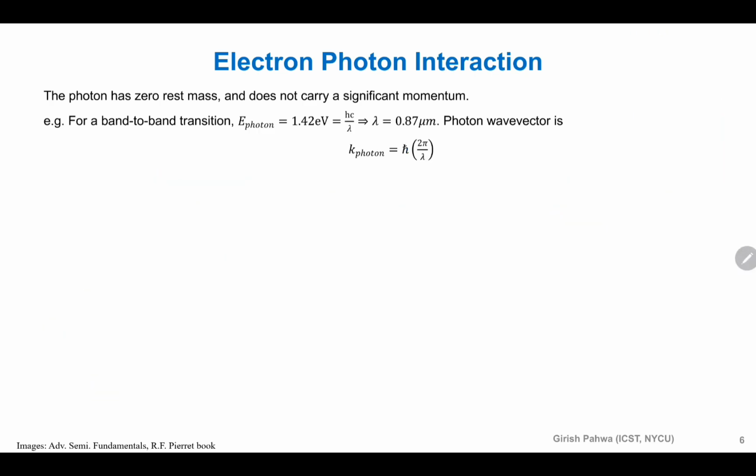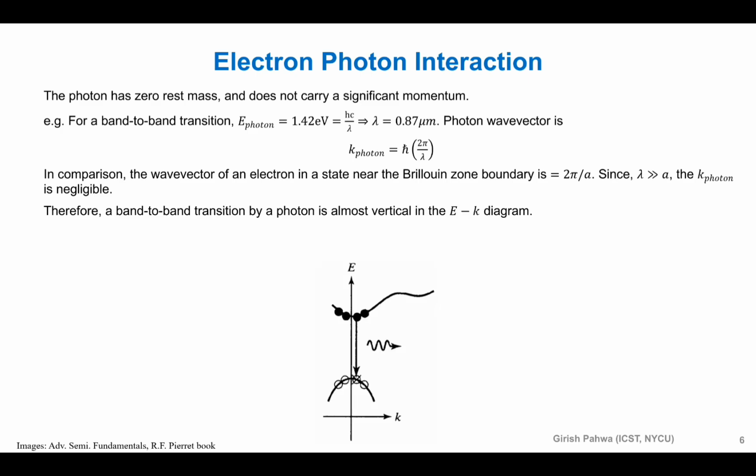Okay, so let me show it with a better figure. See, I have an electron which is coming from the conduction band to the valence band, and it is releasing a photon. So this jump is going to be almost straight, because k initial and k final will be almost equal. So this is how an electron and a photon interact.